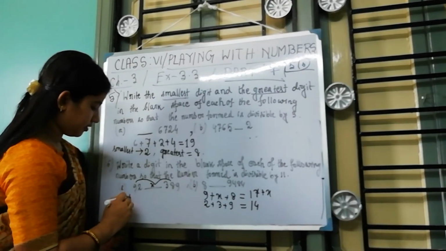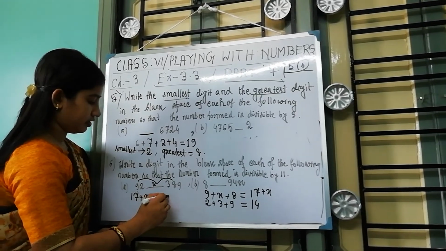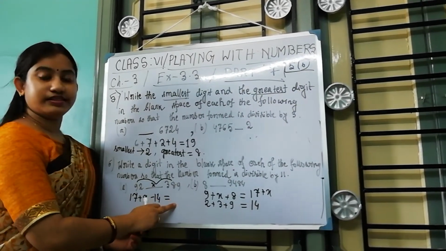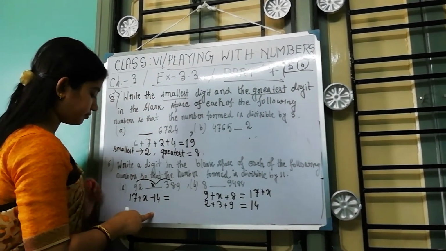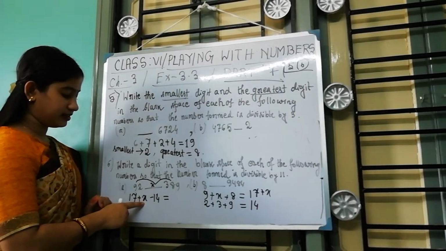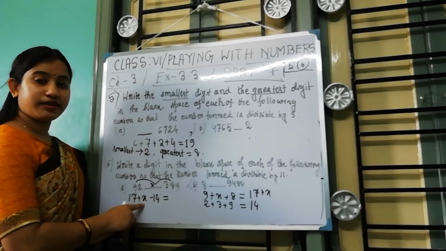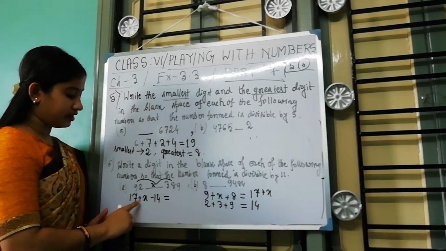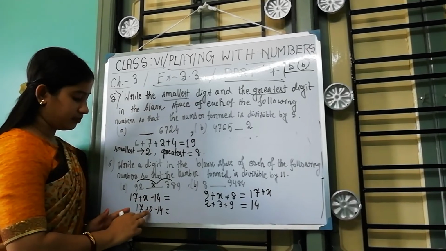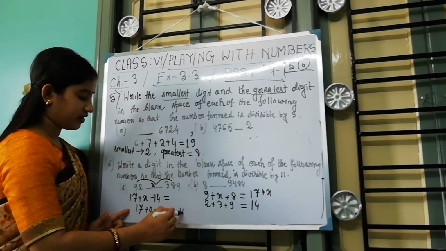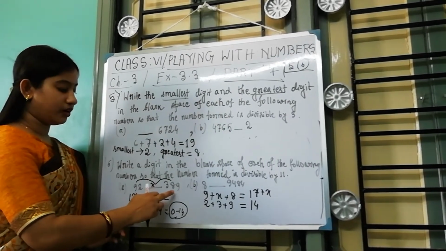Now find the difference. This difference is 17 plus x minus 14, which equals either 0 or a multiple of 11. Now x starts from 0. If we put 0, the smallest number, then we get 17 plus 0 minus 14, which is 3, and if x were smaller the result would be negative, but here x starts from 0, not negative.